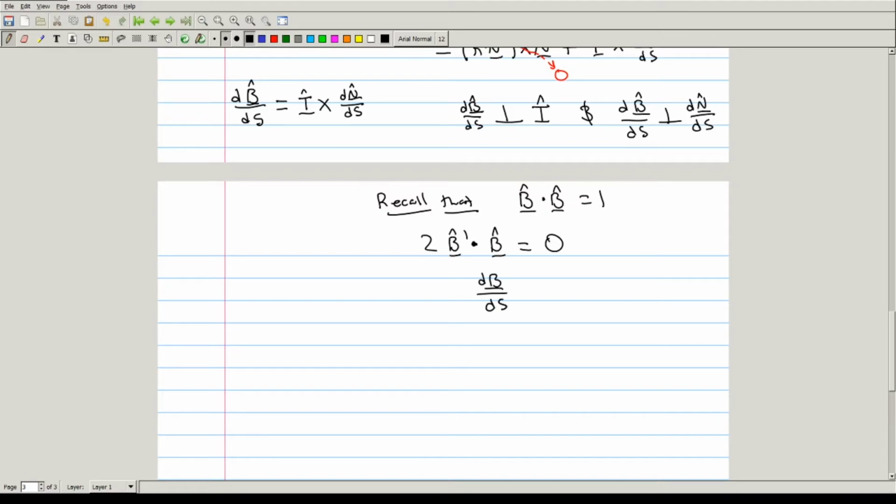So dB hat/ds is in fact also perpendicular to b hat.